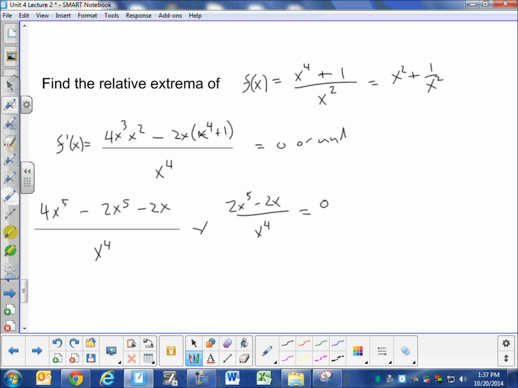Set it equal to 0 or see when it's undefined. So we'll get x equals 0 from the denominator equal to 0. Numerator, I'd factor out a 2x. I'd get 2x times x to the 4th minus 1.